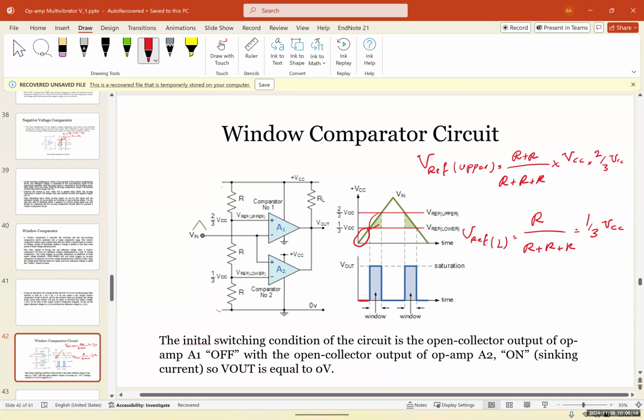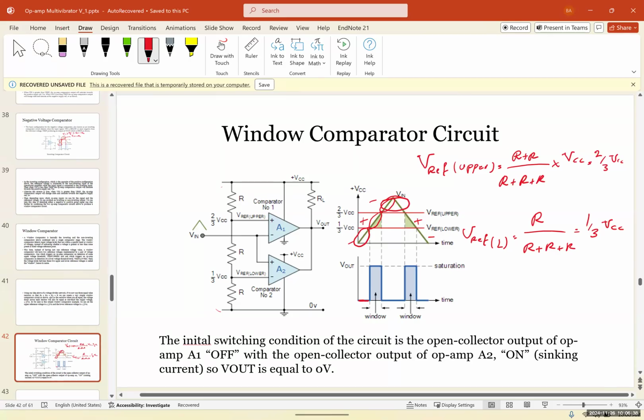When Vn is between the lower and the upper, it's going to be equal to positive VCC. When it's greater than the upper, it's going to be, again, the negative. So you're going to have negative, positive, and again negative, and you're going to have a window in between that.